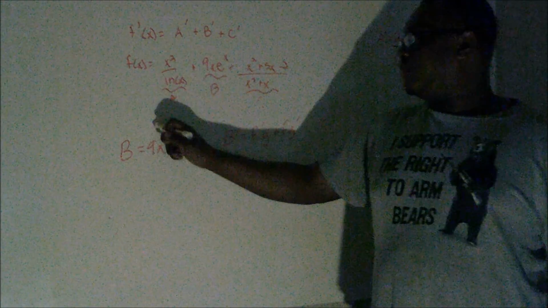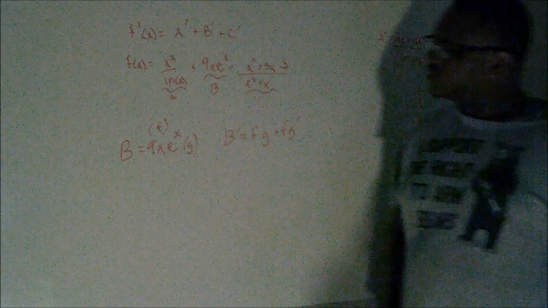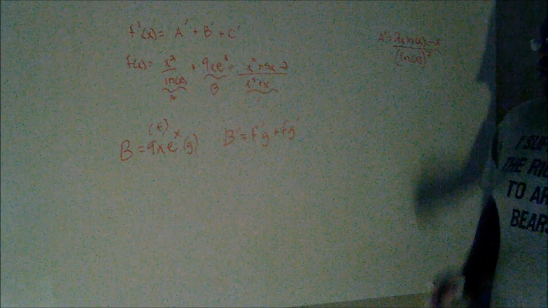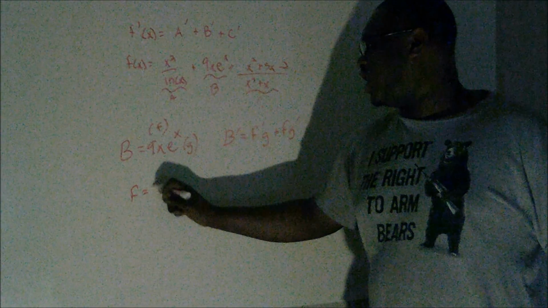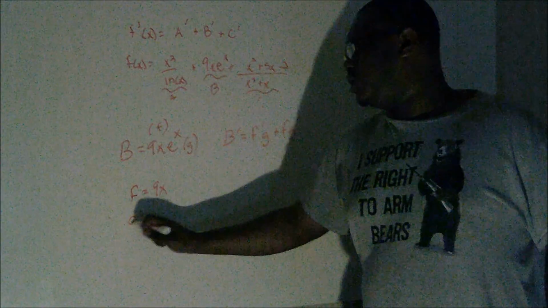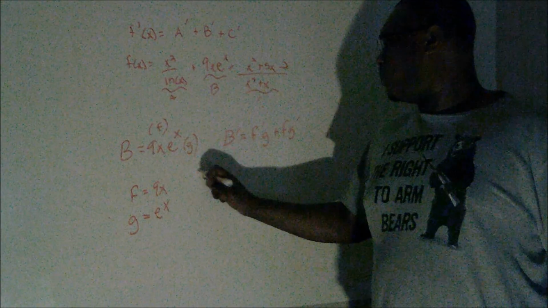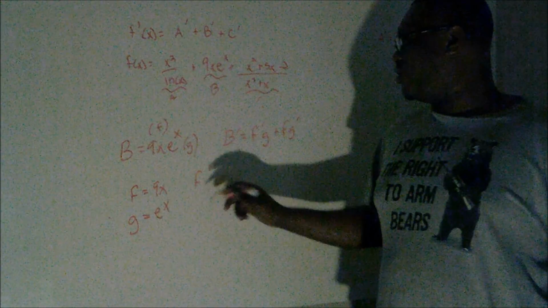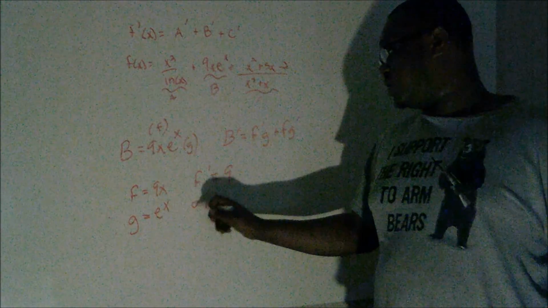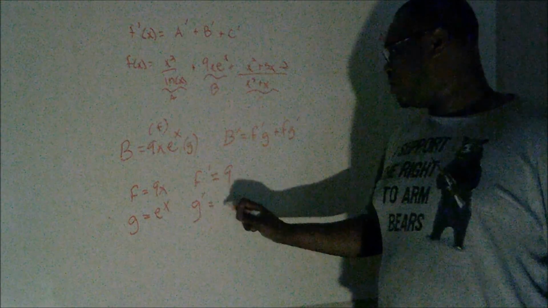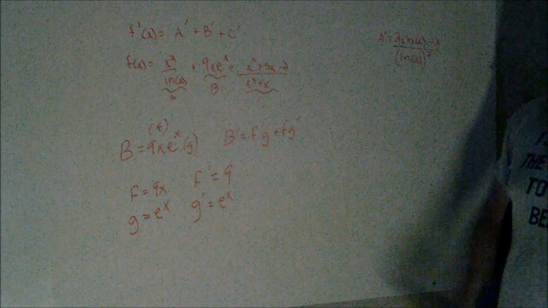So I'm going to go ahead and label this function f, this function g, and we're going to go ahead and solve for everything else. So we say f is equal to 9x, g is equal to e to the x, f prime, simple derivative, is just equal to 9. Here we know the derivative of e to the x is itself, e to the x. And we have everything, we just plug it back in now.